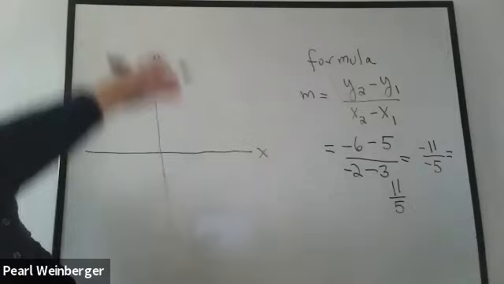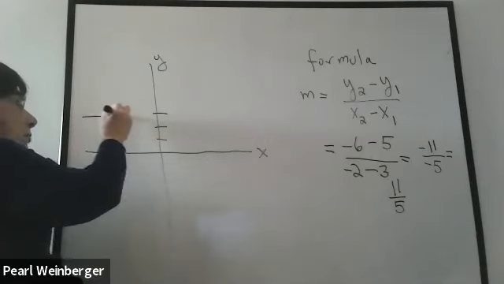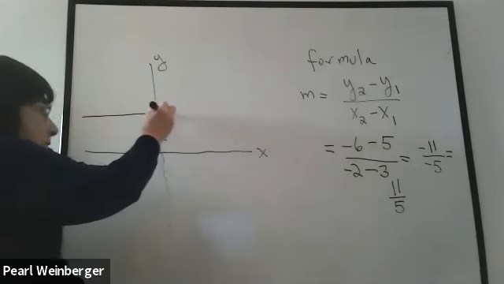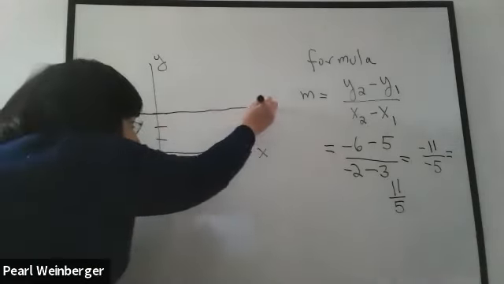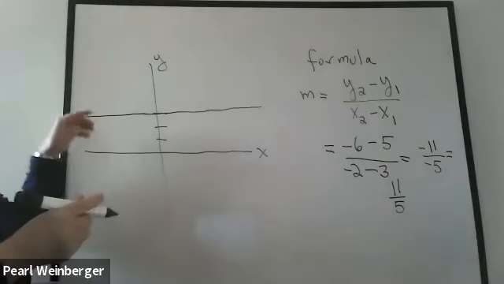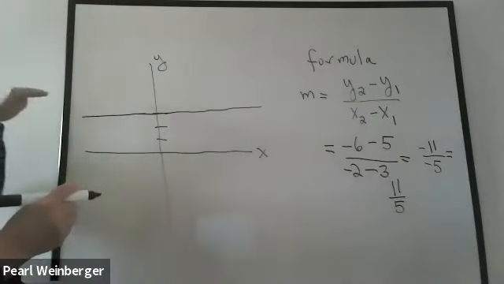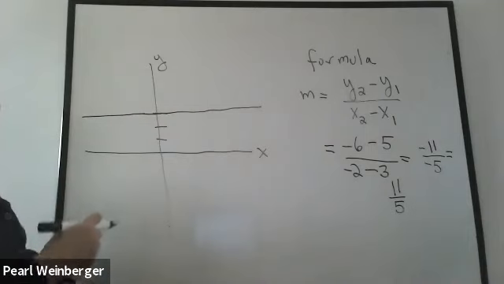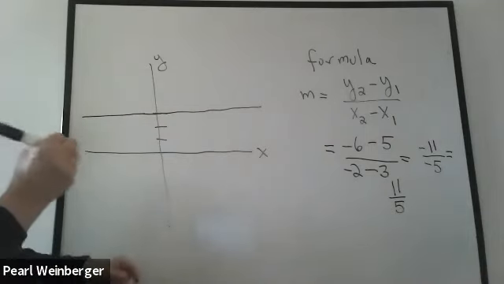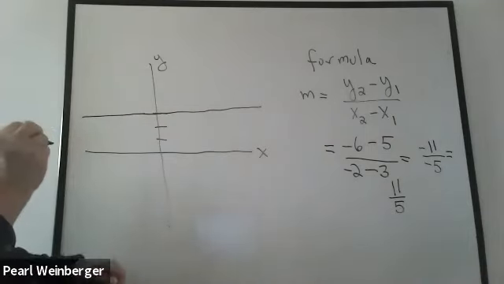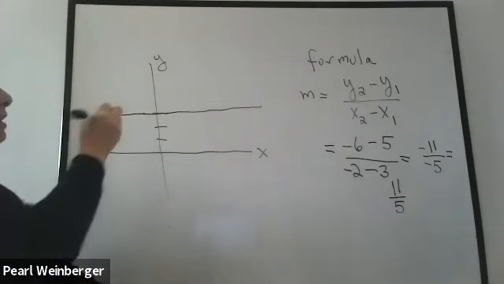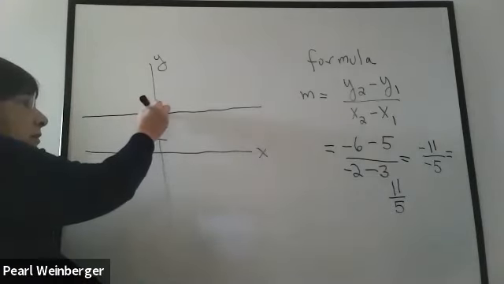Let's say I have this line over here, a line that's going straight across. It's what we call a horizontal line, going straight through 3. Let's look at some of the points that might be on that line.